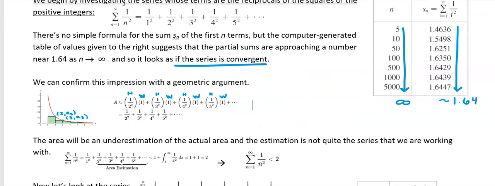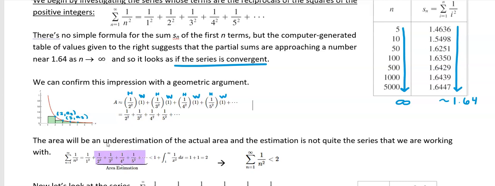And although this estimation is not quite the series we're working with, we can finagle it so that it matches it a little better. The area estimation that we have up above, if you notice, is starting with rectangles beginning at n value 2. So really it's only taking into account this portion of the series.